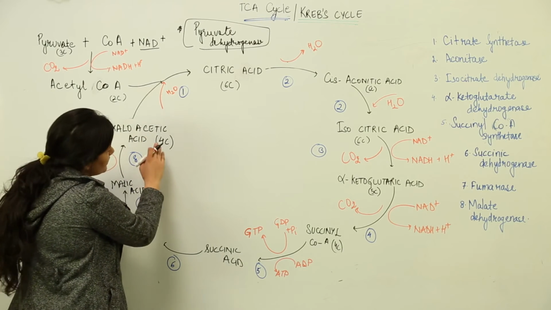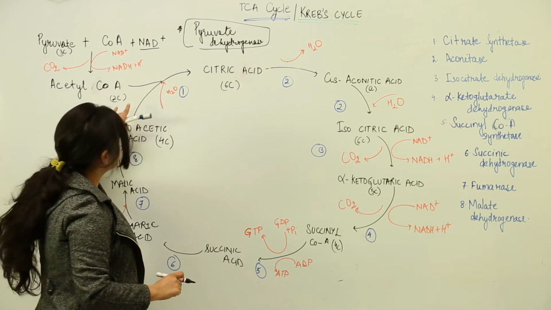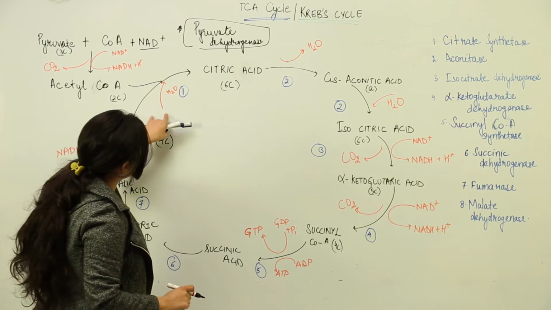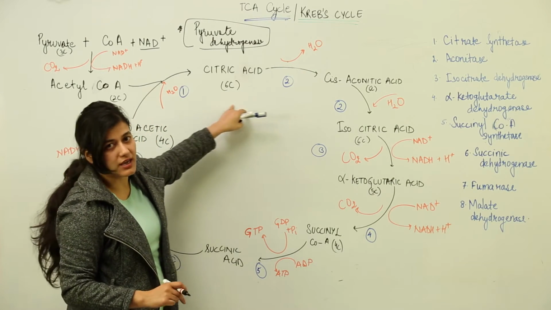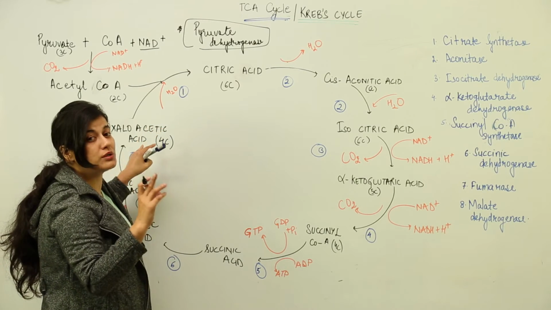Oxaloacetic acid, a 4-carbon compound, combines with acetyl coenzyme A, a 2-carbon compound, and leads to synthesis of citric acid. Pay attention to the sentence again, and especially to the word synthesis.